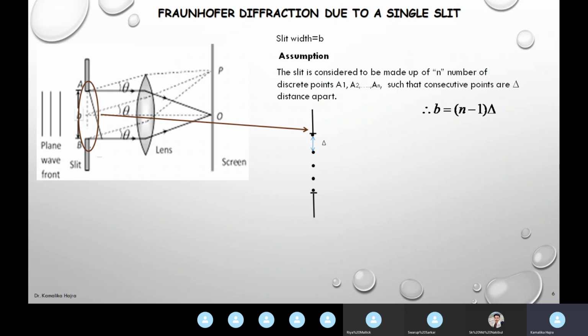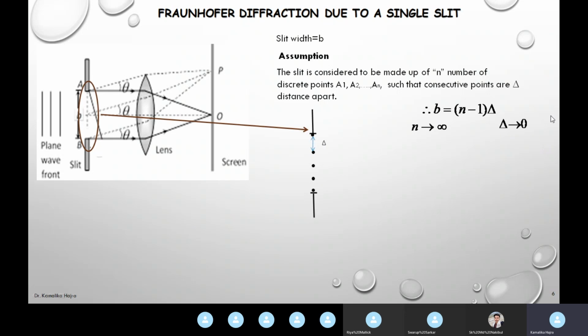So next, this entire distance is b, and the distance between 2 consecutive imaginary points is delta, and there are n such points throughout the slit. Therefore, b must be equal to n minus 1 into delta. But we must remember that at all times n tends to infinity, because there are numerous such points. It's a continuous space.